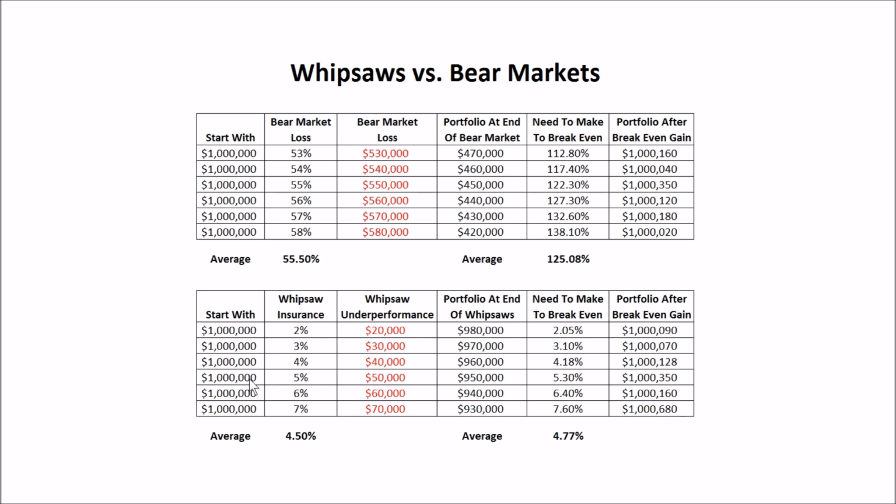If I lose 5% on $1 million, that's $50,000. I have $950,000 in principal left. I only have to make 5.3% on $950,000 to get back to break even or above $1 million.